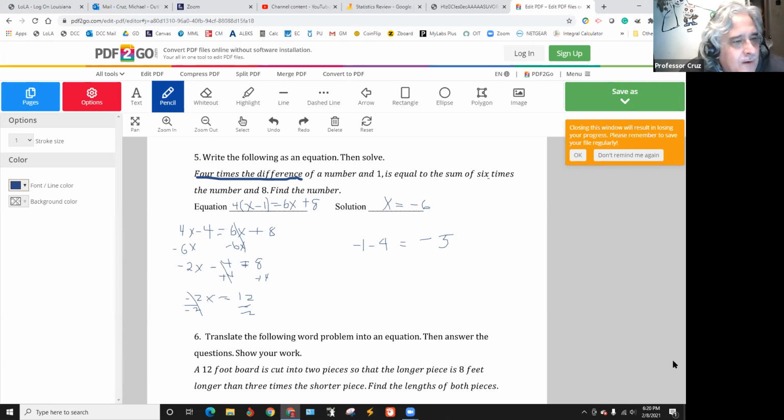Okay, this is V71, isn't it? This is the even section. I don't know where I'm at. After we do number 6, I'm going to take a little break. Do you remember where it was at?